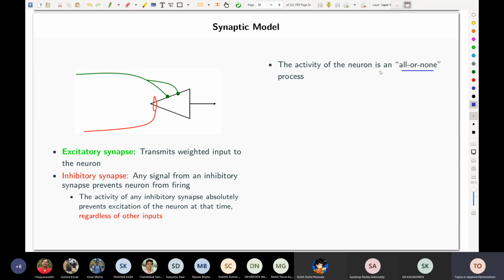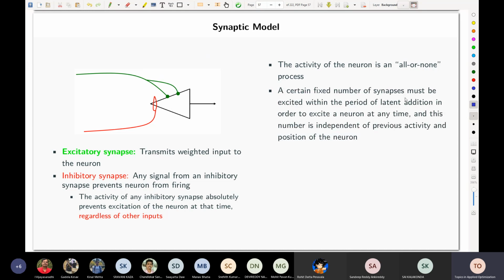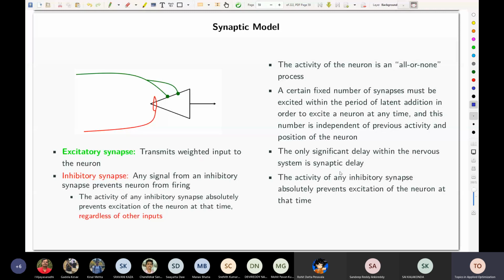According to the synaptic model, a certain fixed number of synapses must be excited within the period of latent addition in order to excite a neuron at any time, and this number is independent of the previous activity and position of the neuron. The only significant delay within the nervous system is the synaptic delay, and the activity of any inhibitory synapse absolutely prevents it. This is the same thing that we discussed here. Any signal that comes in from an inhibitory synapse will stop it.